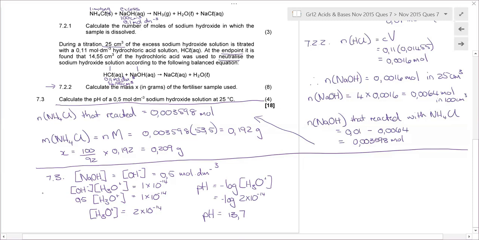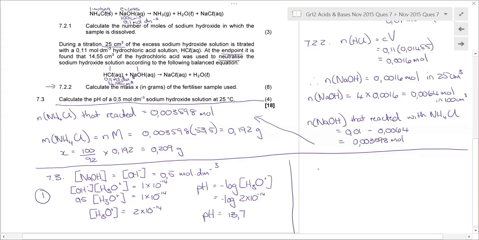So this is option 1. Whenever you work with a base, you find your hydroxide ion concentration, substitute it into this equation to get your hydronium ion concentration. Once you have the hydronium ion concentration, you substitute it into the pH, which is equal to negative log of the hydronium ion concentration.